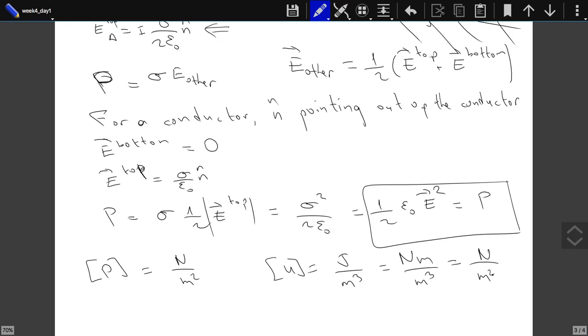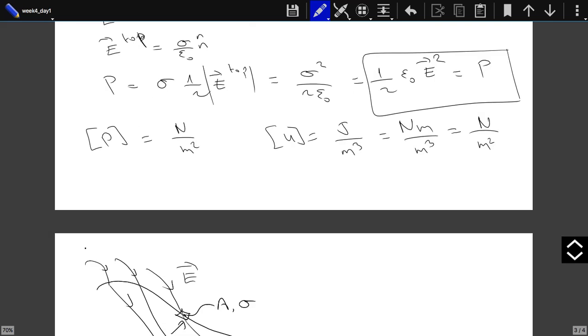There's another interesting thing. If you just look at this expression, nothing in this expression is a property of the conductor.